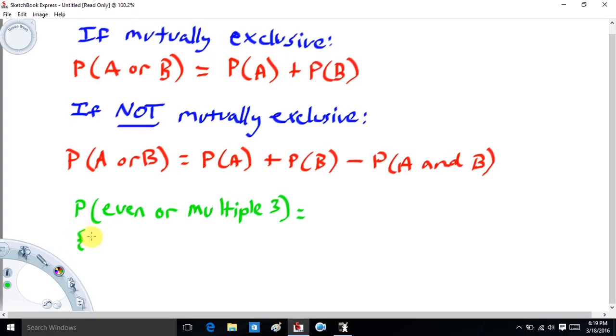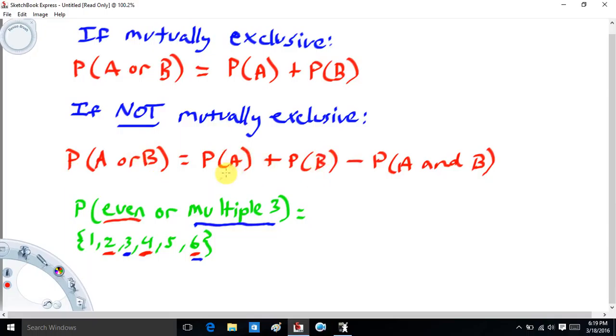The probability of rolling an even, which I'll do in red, is this one, 2, 4, and 6. And then the probability of rolling a multiple of 3 is going to be this one or this one. So since we can roll an even and a multiple of 3, which is when we roll a 6, we're going to have to use the second formula, this one right here.